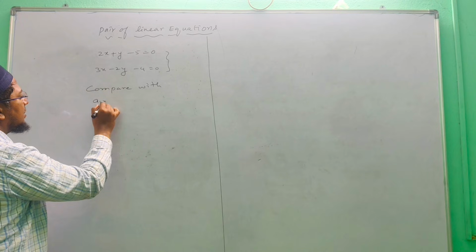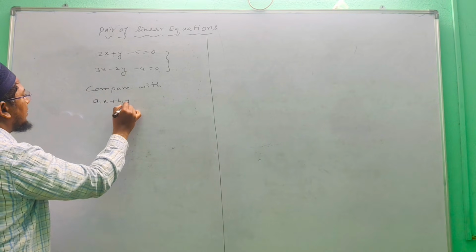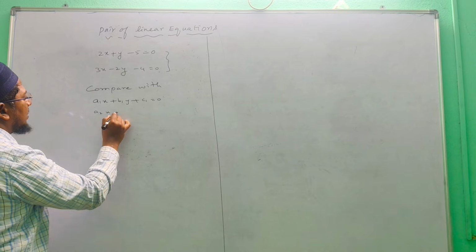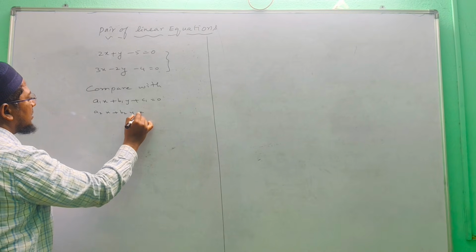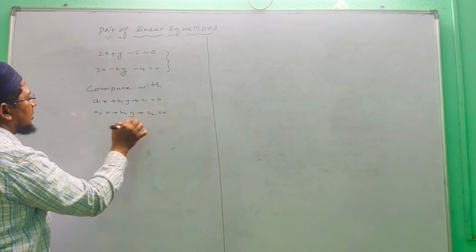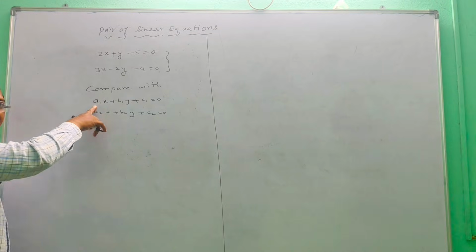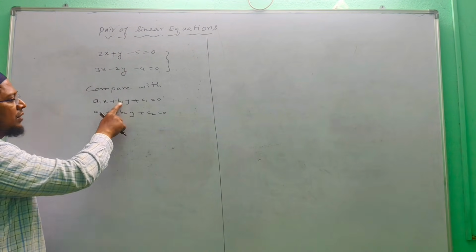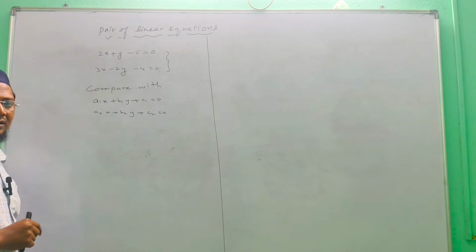What is the general equation? a1x plus b1y plus c1 equal to 0, a2x plus b2y plus c2 equal to 0. So what is a1? a1 is the coefficient of x in the first equation, b1 is the coefficient of y, c1 is a constant.